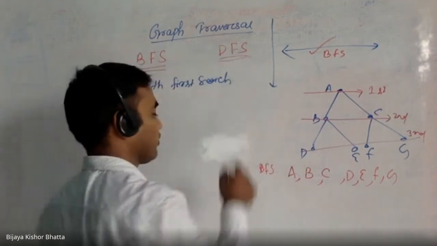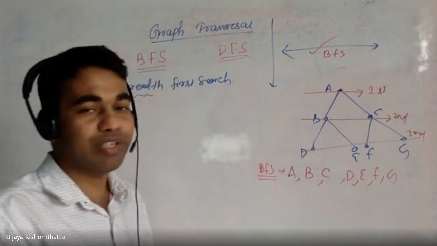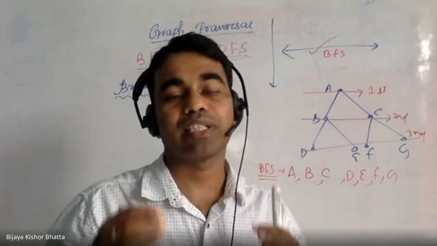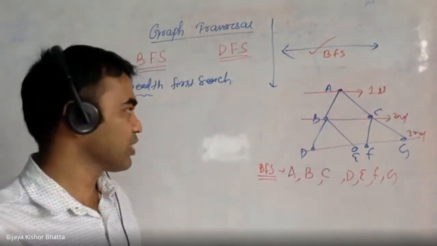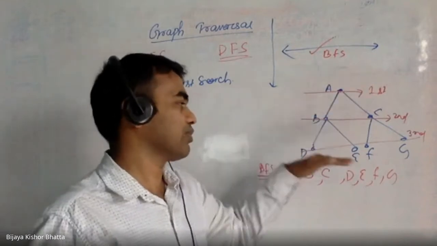We'll discuss DFS later. Given any particular graph, the objective is to traverse the graph breadth wise, meaning first level first, then second, third, fourth.